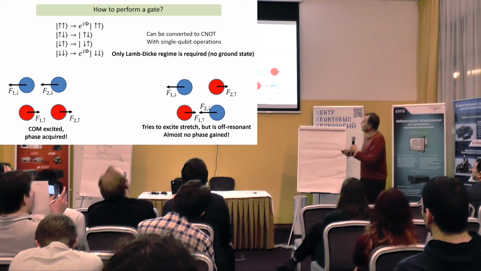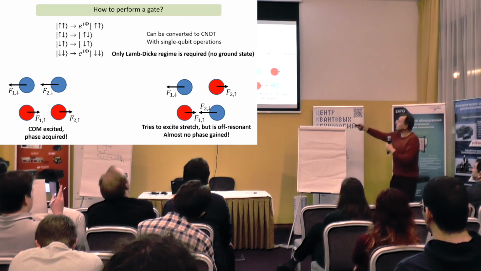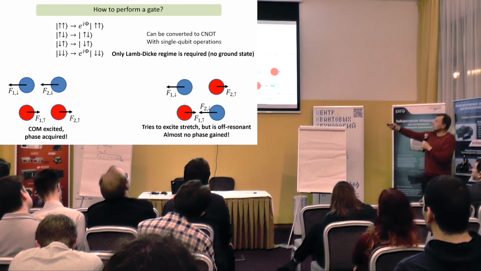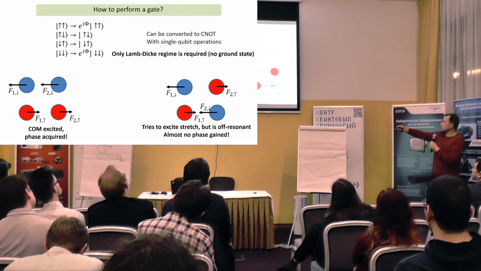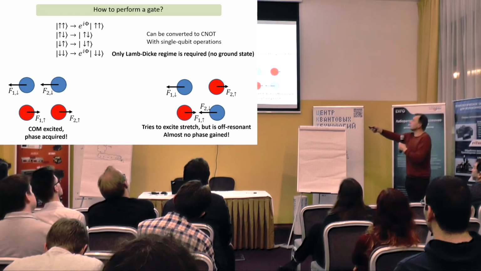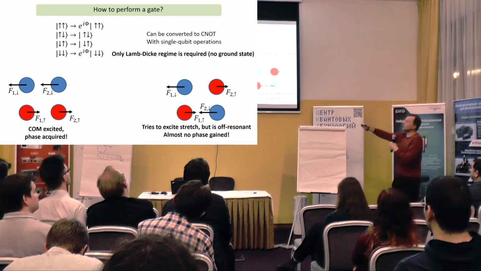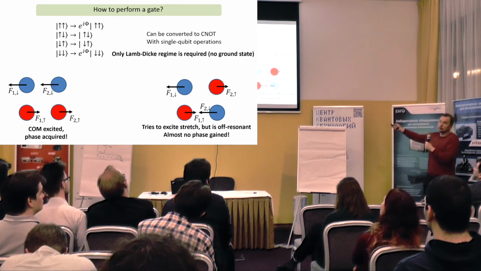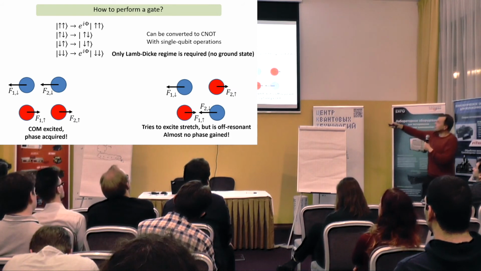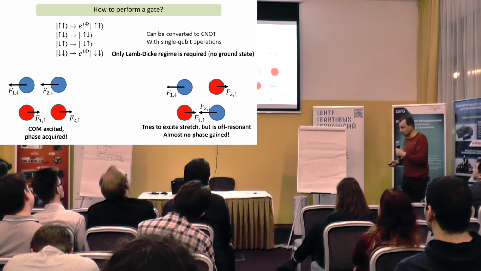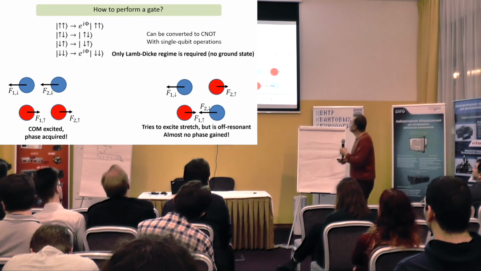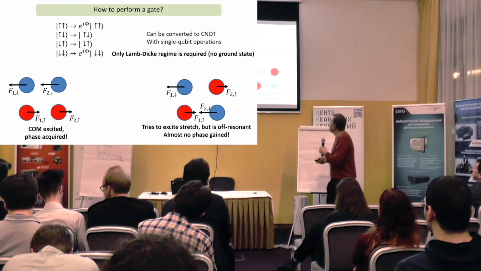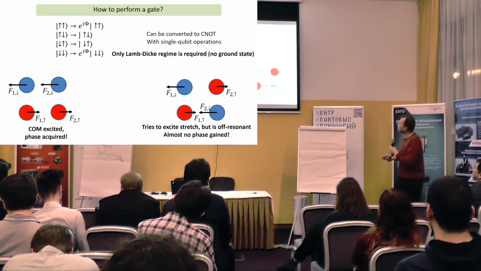What do we end up with? For the up state we gain some additional phase. For the down state we get basically the same phase, but for up-down or down-up we gain no additional phase. Again, this gate can be easily converted to a CNOT gate by single qubit operations.